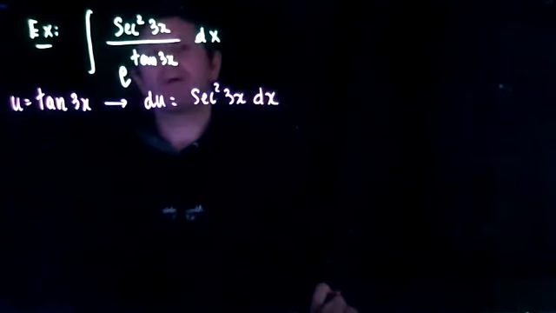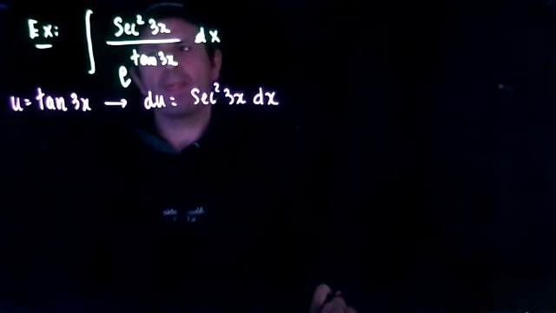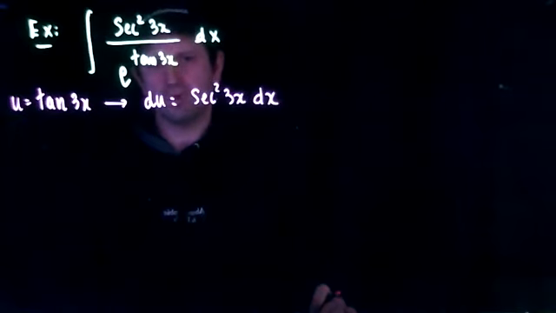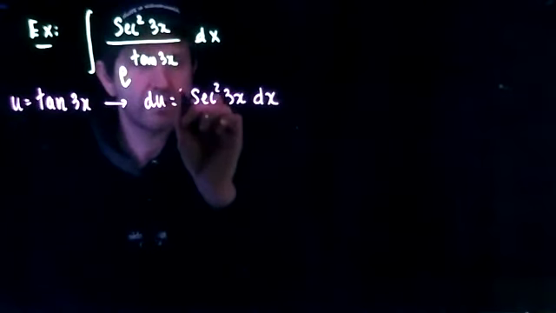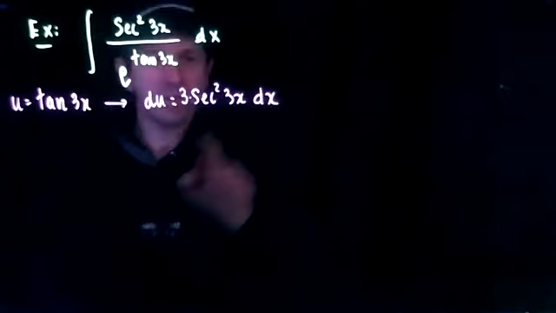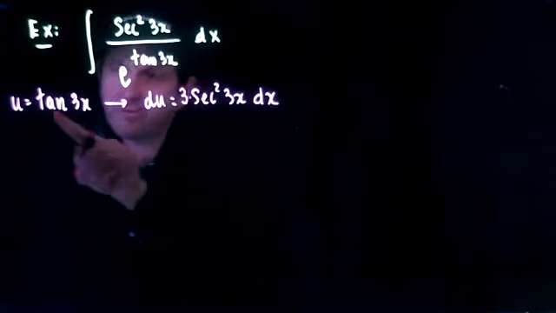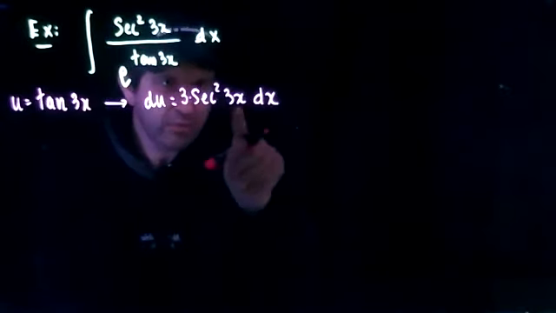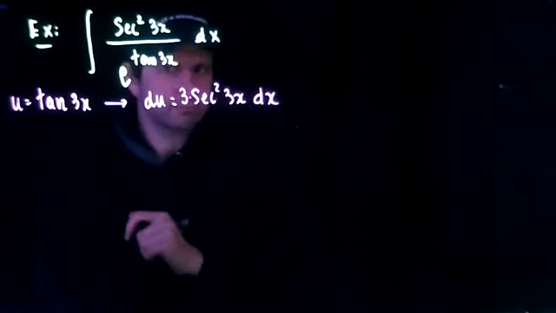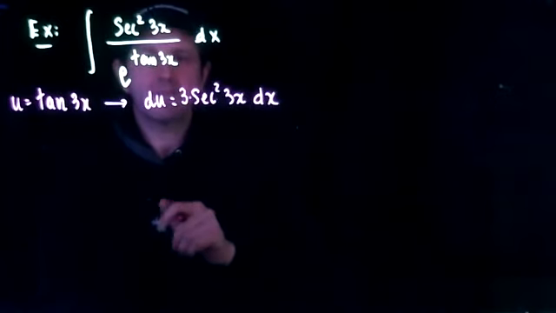Is that okay? Isn't it times 3? Yes, very good. You're missing a 3 here. Don't forget the 3 because there's a chain. When you do the derivative of tan 3x, it's secant squared 3x times 3. Okay, don't forget.